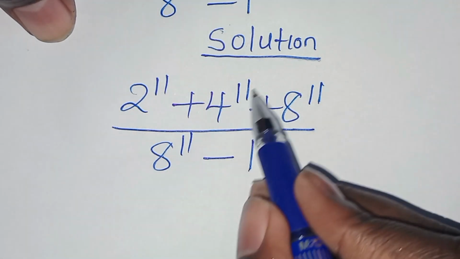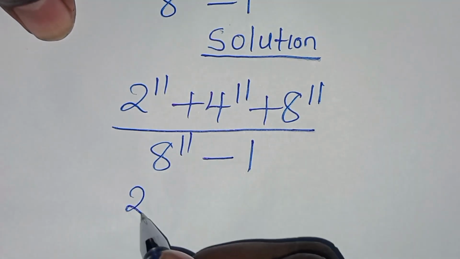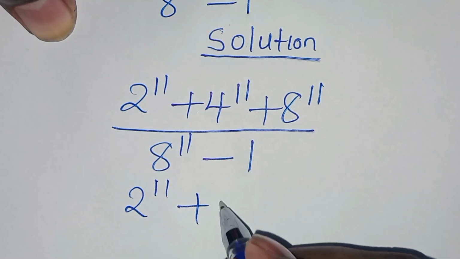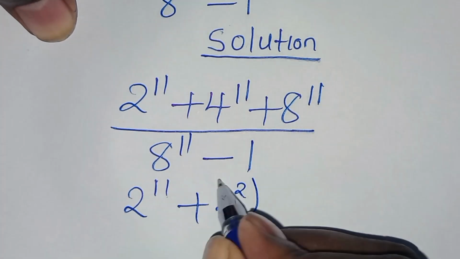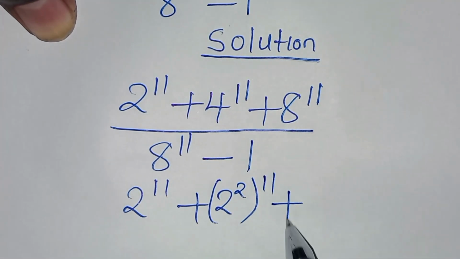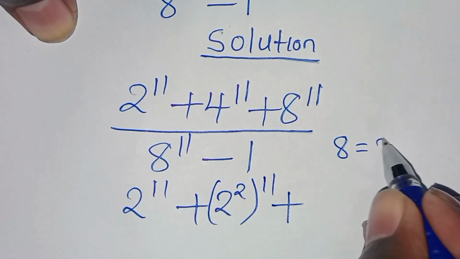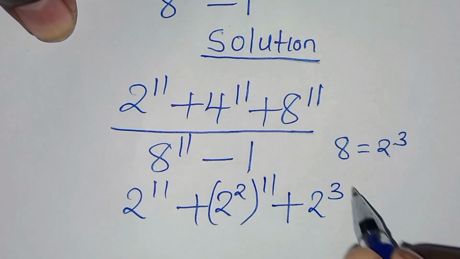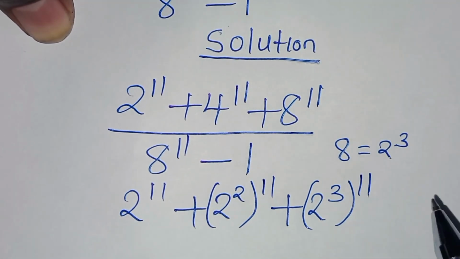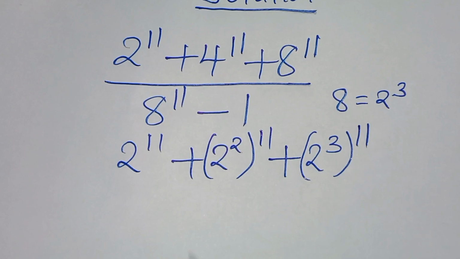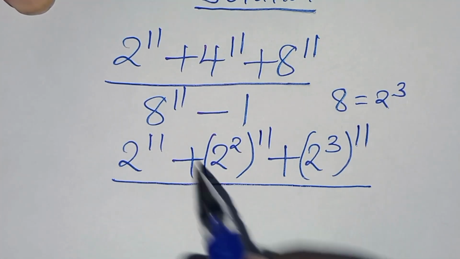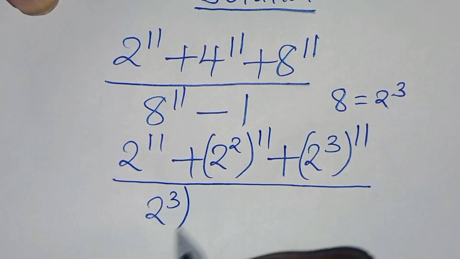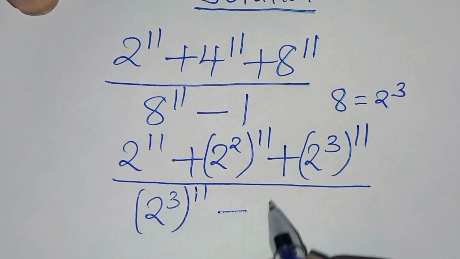We can express 4 as 2 to the power 2 raised to the power 11, plus we can express 8 as 2 to the power 3, so this is plus 2 to the power 3 raised to the power 11. Then divided by, we can express 8 to the power 11 as 2 to the power 3 raised to the power 11, subtract 1.